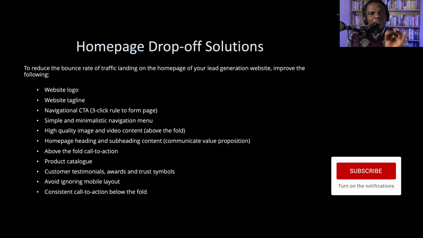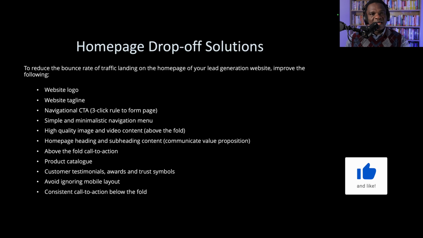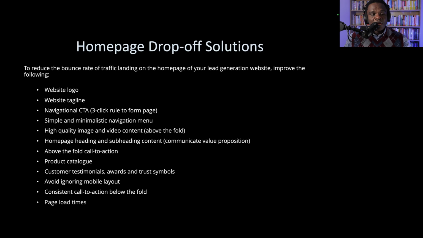Again, the reason I mentioned that people can click to your form page is because when someone lands on your website the first time and they come back again, they're already aware of your brand. They're already aware of your company. In some instances, those people want to fill out the form. You do not want to take them through the hassle of going through the product page before they get to the form. Again, that is where A/B testing comes into play.